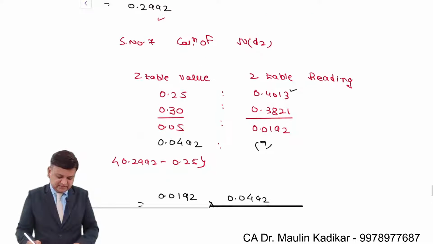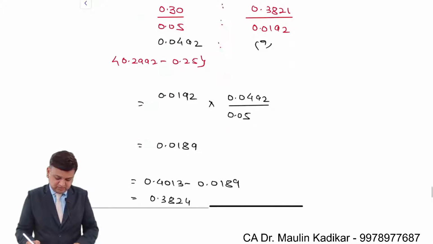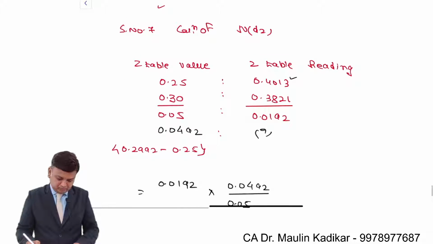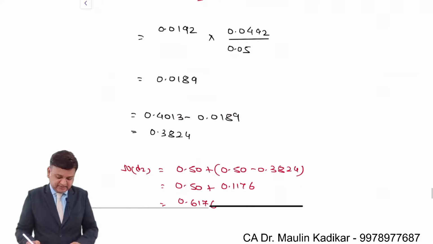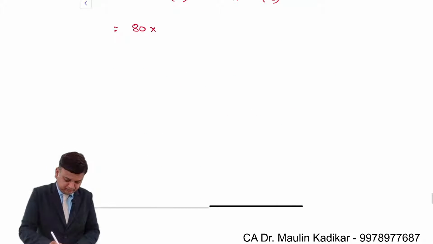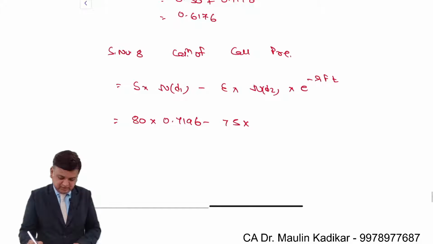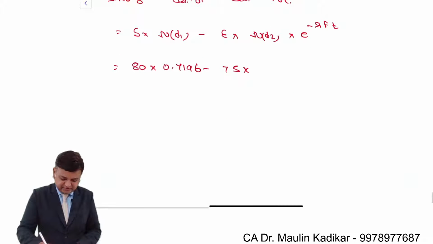Value of ND1 is 0.7196. Exercise is 75. ND2 is 0.6176 into 1 divided by 1.062.